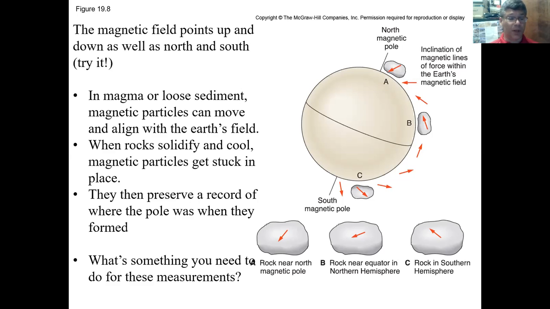Now, of course, something important to do: if you have just a loose rock, well, you could measure magnetism in it, but that doesn't help you any, because which way was up, which way was north? You have to get a rock that is still firmly attached to the Earth and either mark the directions, then take it back to the lab, or do measurements out in the field to determine the magnetism here.